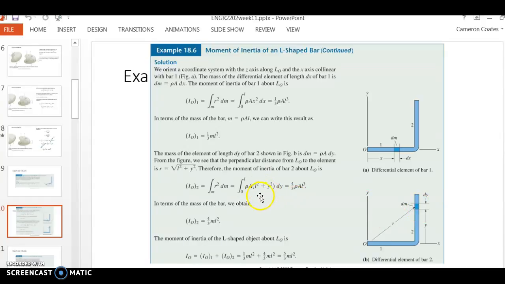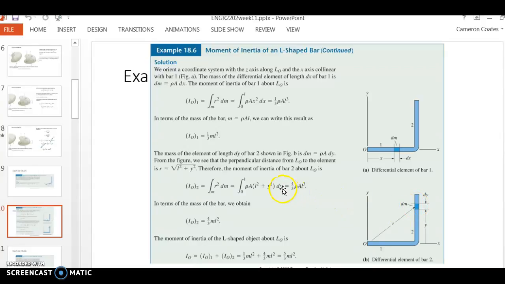What about my r squared term for this vertical bar? Well, I'm looking at this axis O, therefore my r is perpendicular to that line coming out of the plane, going to the elemental mass.